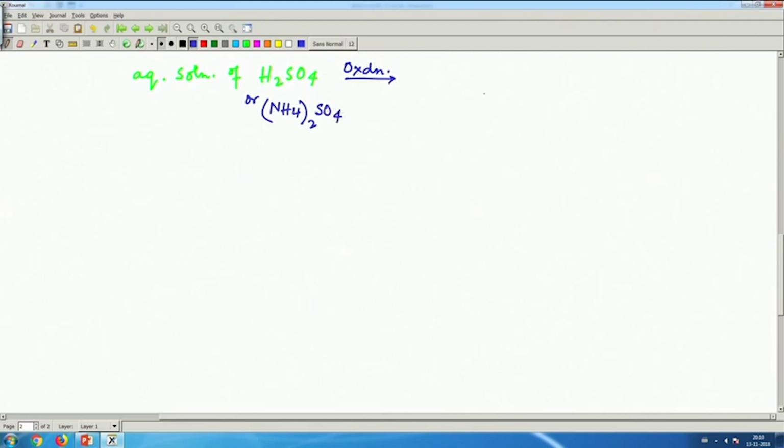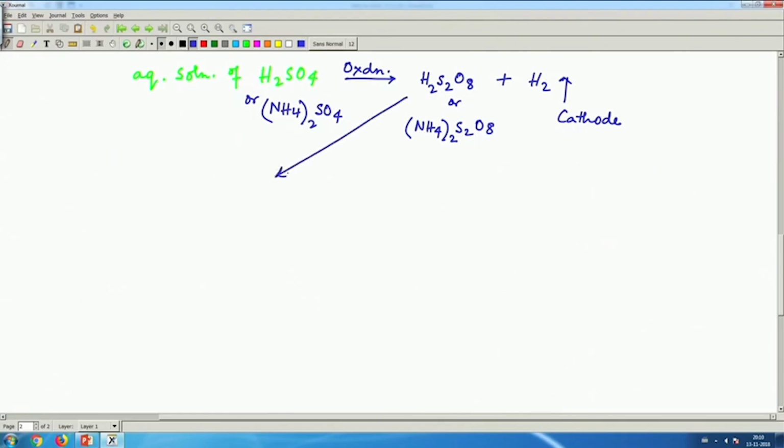So, we get the corresponding persulfate production, H2S2O8, plus hydrogen which is released at cathode. Or if we have the ammonium salt, we get ammonium persulfate, ammonium S2O8, ammonium peroxydisulfate.